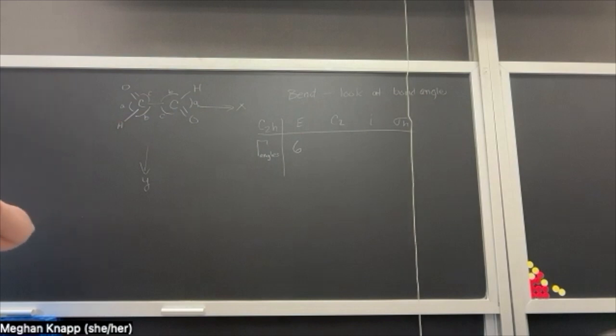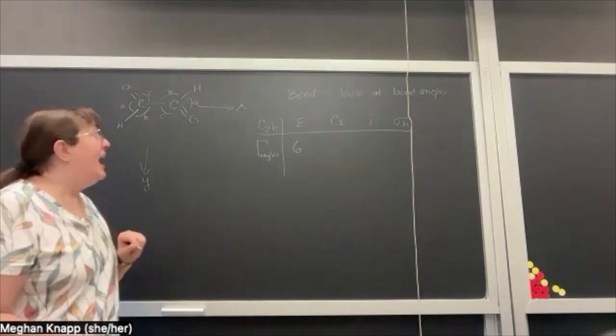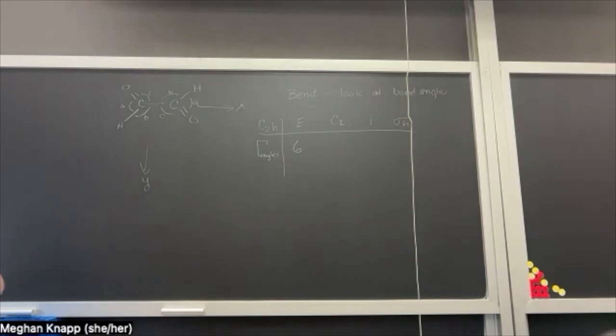So then I have to go through each thing and decide how many of those angles stay in the same place. Now, angles don't have directions. Okay, so if the center atom of that angle stays where it is, and we're just flipping around it, then we say that it stays in the same place.